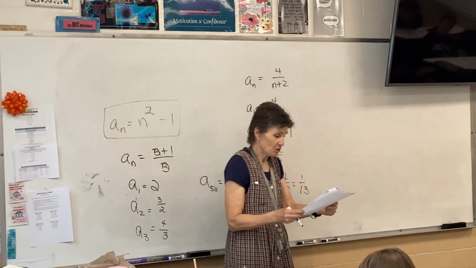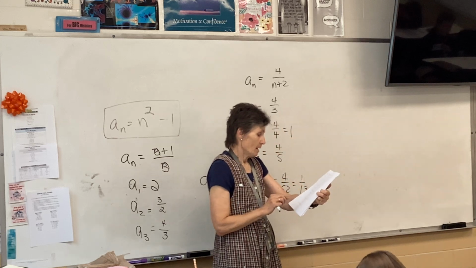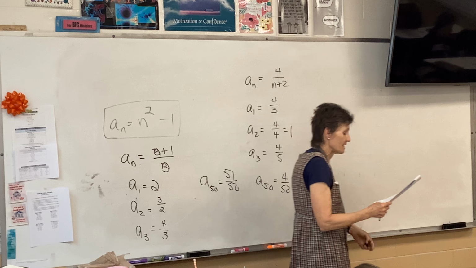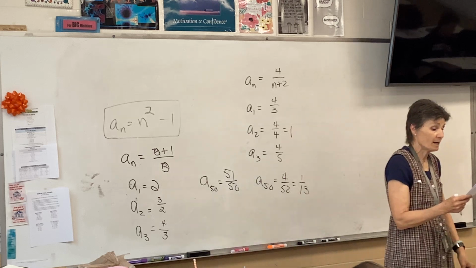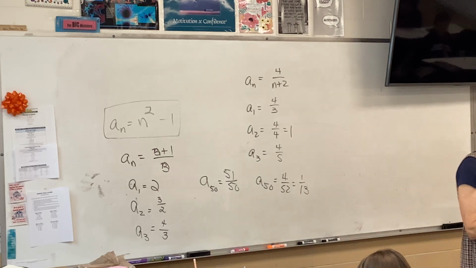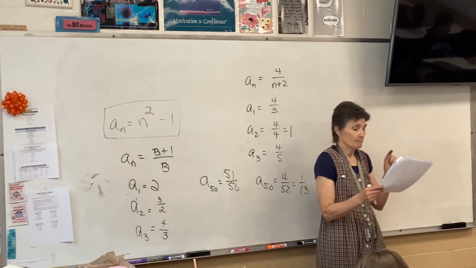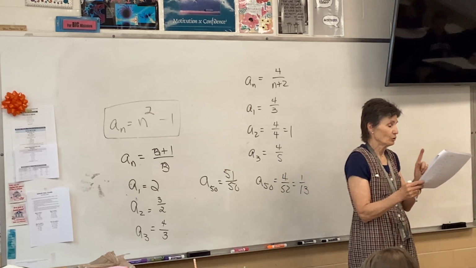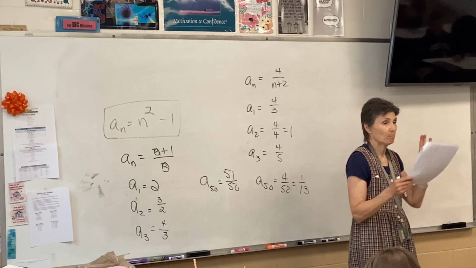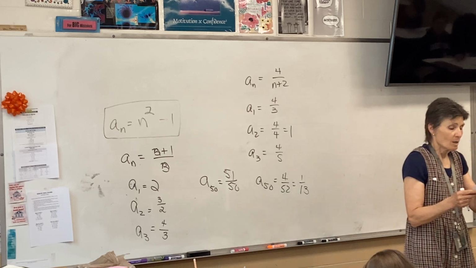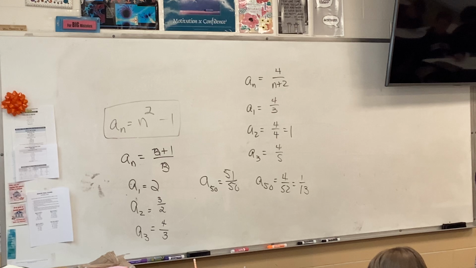Alright, now we have a huge section determining whether these things are divergent or convergent. And if they are convergent, we're to give the limit. The best thing to do here is to look at the first two, because they point out the differences. Look at the terms 1, 4, 9, 16, 25, 36. What's happening to those?